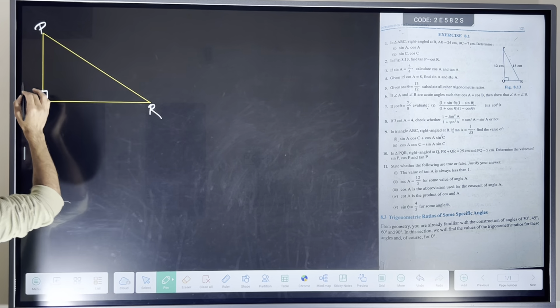In that question we need to find tan P minus cot R.